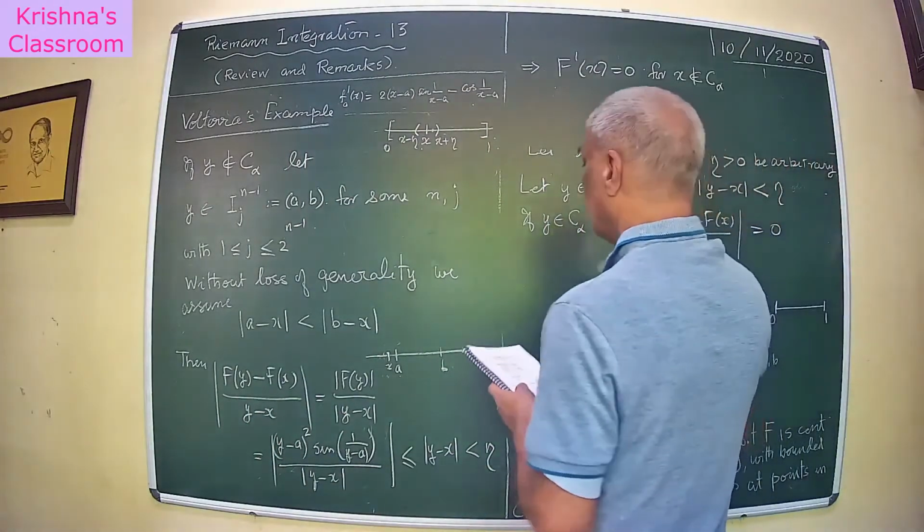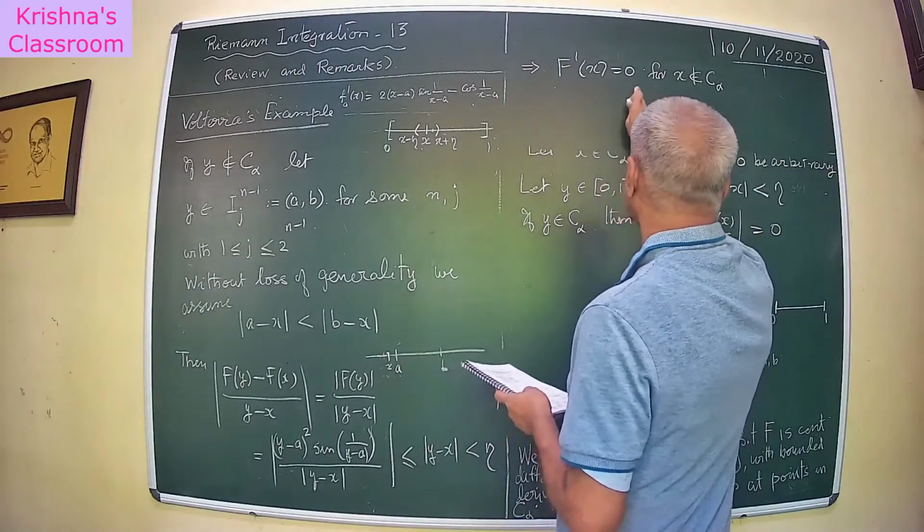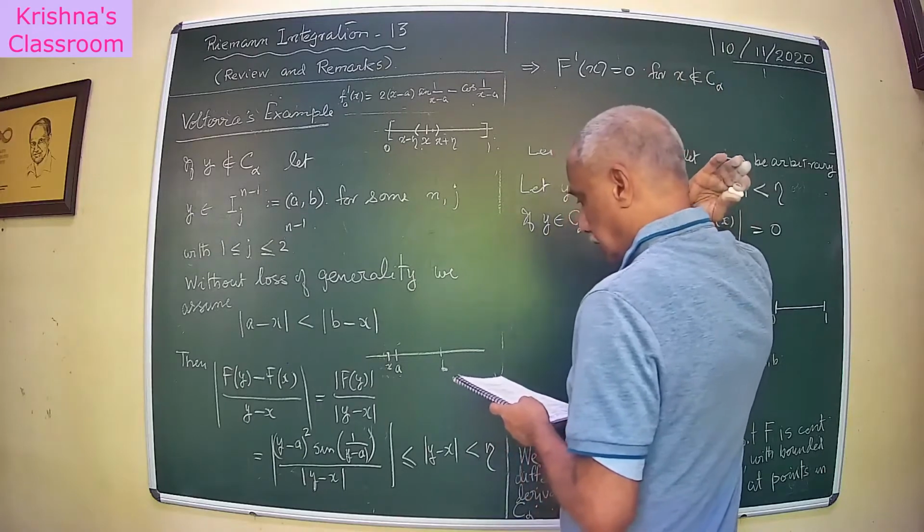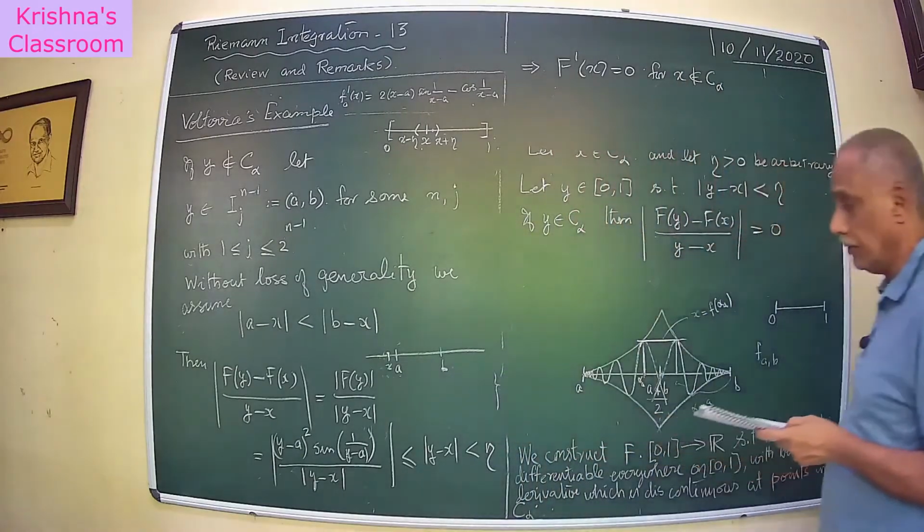Hence, the limit of this as x tends to C alpha is what you call the derivative.